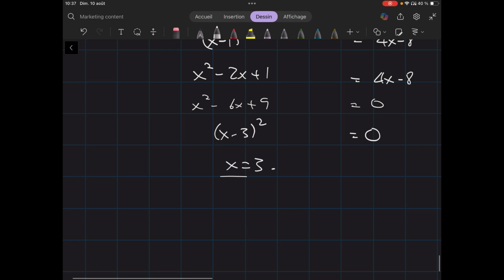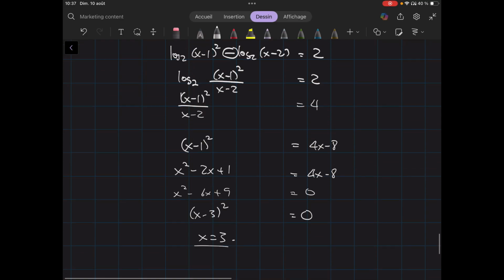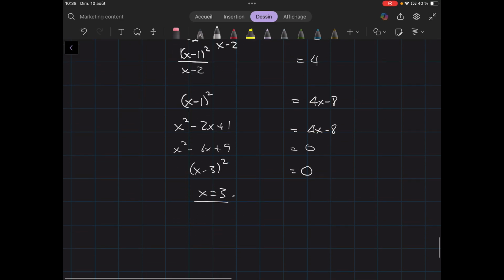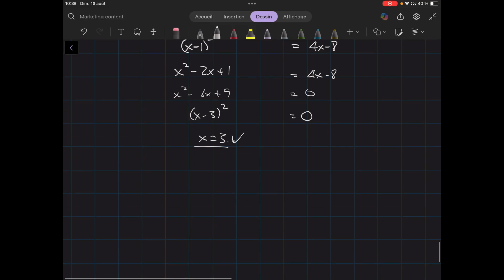So x is equal to 3. Our domain is x greater than 2, so we can accept this without any problem. And we're done with question 1.